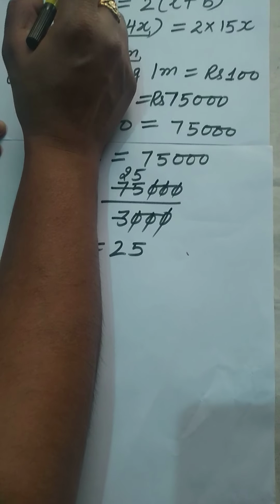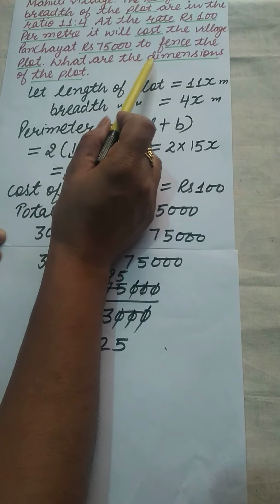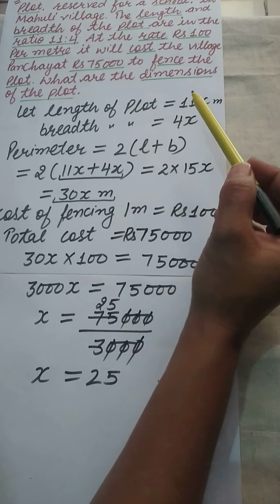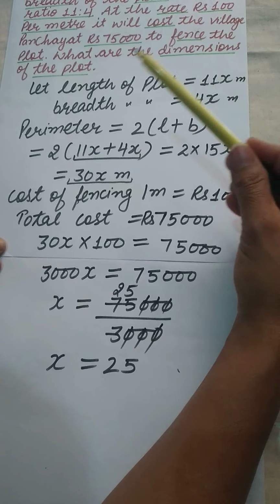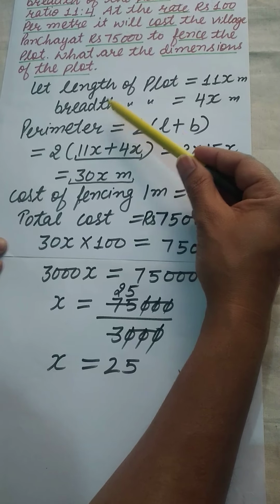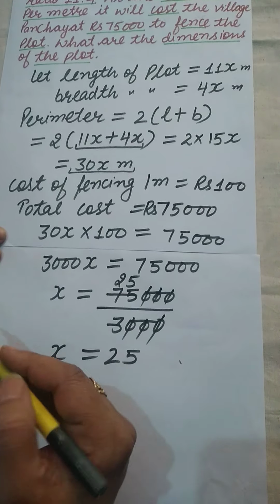As we are to find out the dimensions of the plot, the length is equal to 11x and the breadth is equal to 4x.